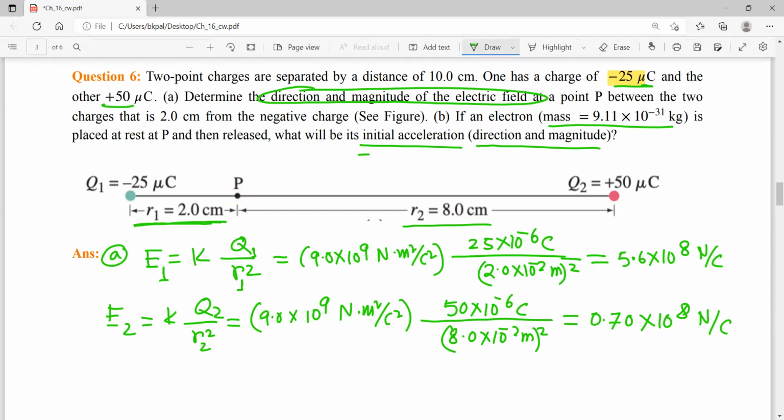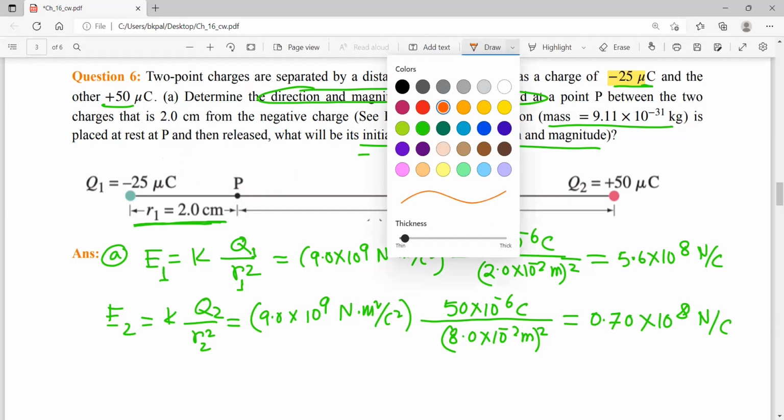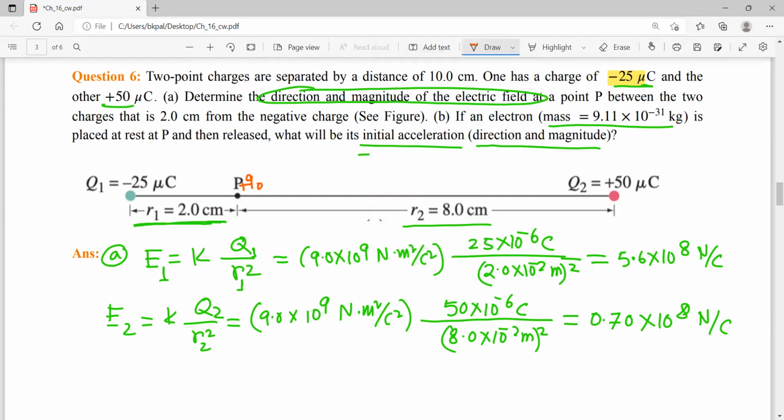Okay, and let me use another color. So if you put a positive test charge here, because q1 is negative and q0 is positive, it will move in this direction for q1. So the direction of E1 is this.